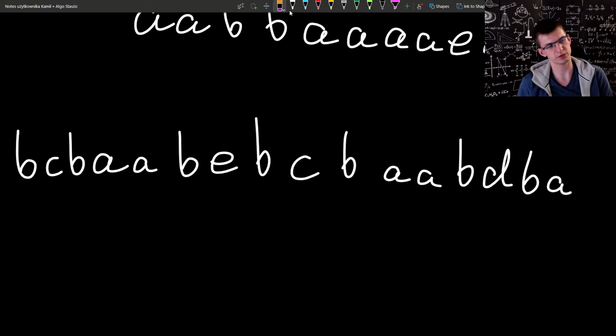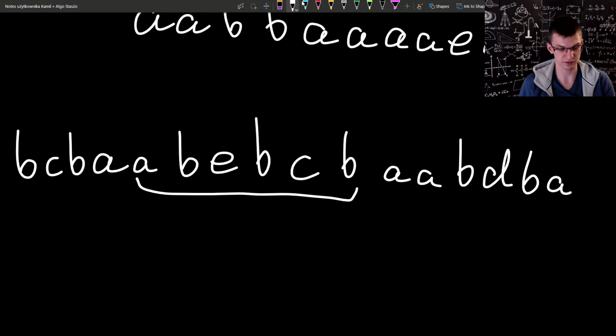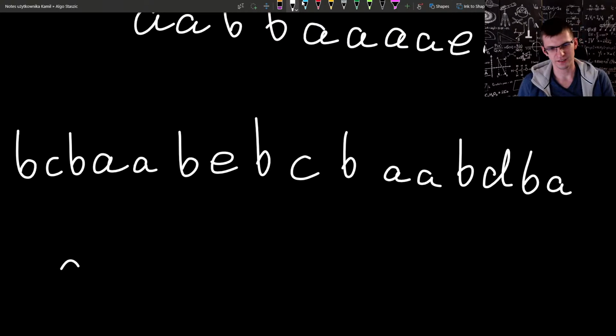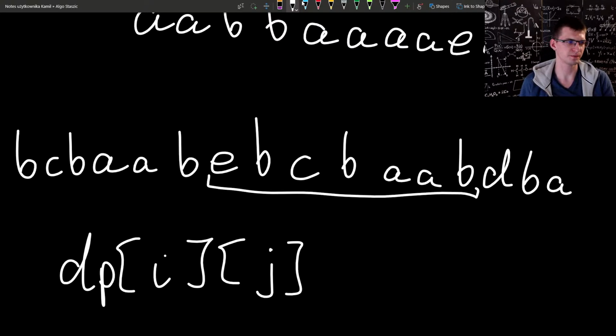We need to be smarter. We need to consider kind of all possibilities. And when we deal with a string, we can do something in a substring, like we can change everything here to a different character. One idea you might have is to do dp of i, j, to say that this is the optimal smallest possible number of moves to create the string from position i to position j.